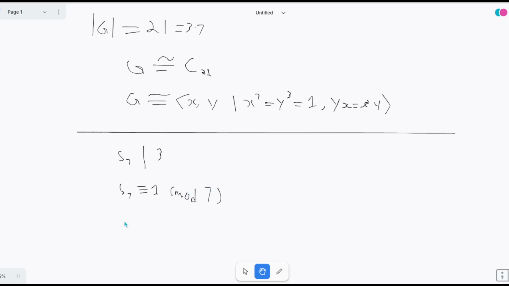So n7 equals 1, and there's a single normal Sylow 7 subgroup of order 7, in G.